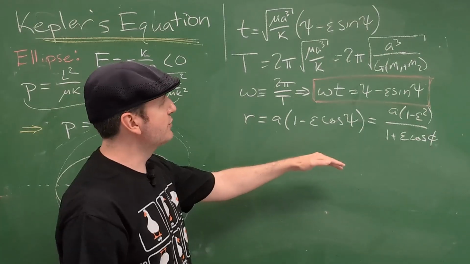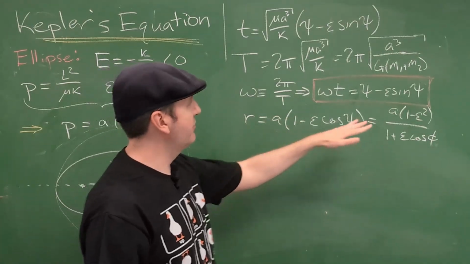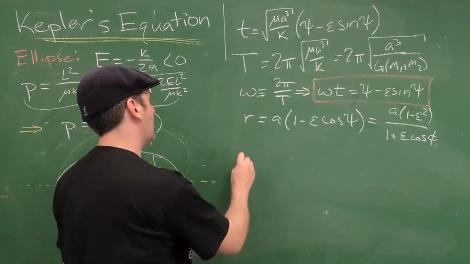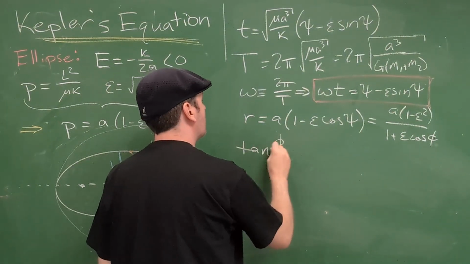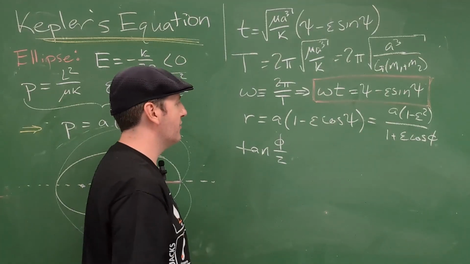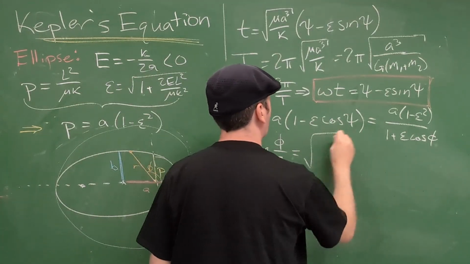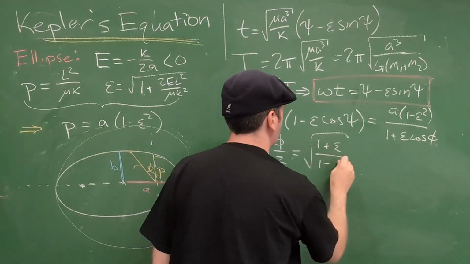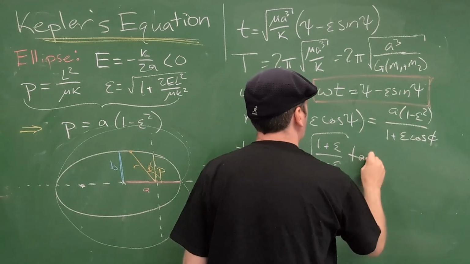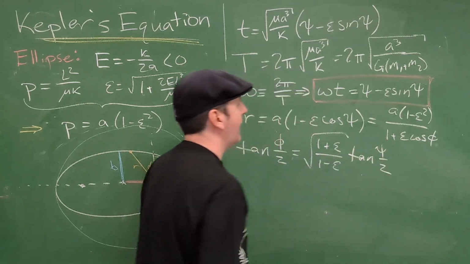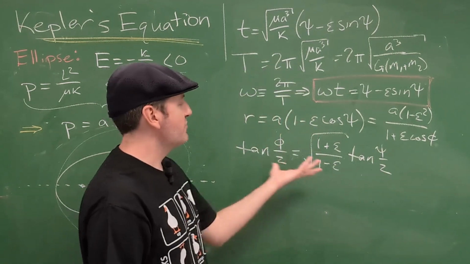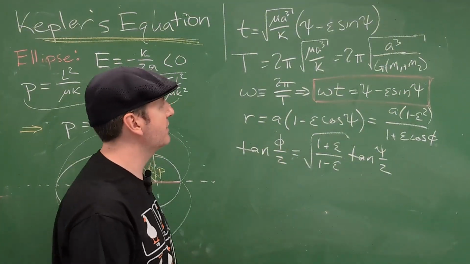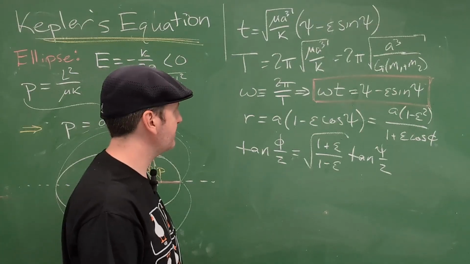So setting these two equal to each other, doing a little bit of cross-multiplying, factoring, and some trig identities, we can get a nice little relation between the tangent of at least the half angle phi, this one's plus, and the half tangent of psi. So at least we have a nice expression that relates the two angular variables in our problem.